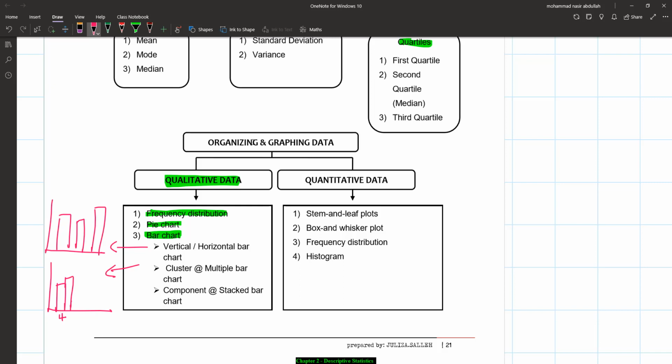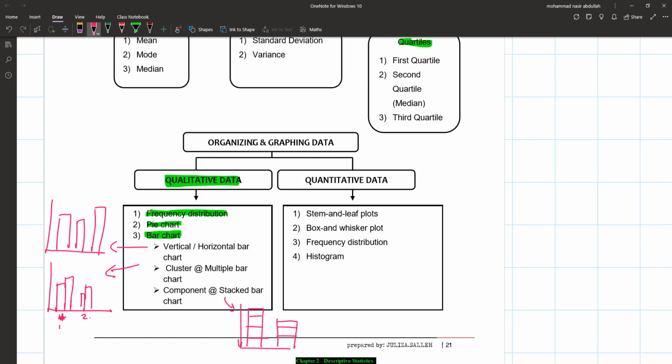So this is category number 1. For category number 2, they have 2 or 3 bars or more in one category. A stacked bar chart has a single bar but it's stacked with many categories. It's called a stacked bar chart, or in some books a component bar chart.